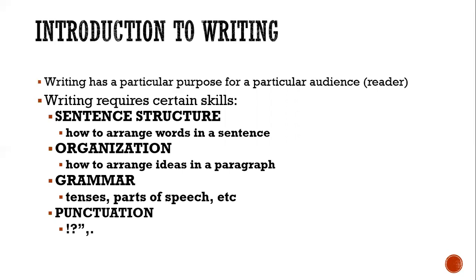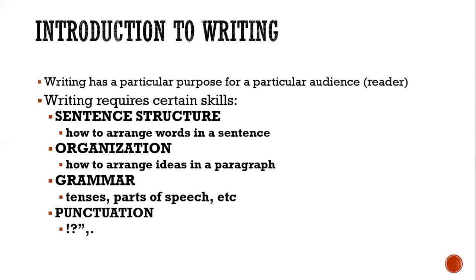The first is sentence structure, that means how to arrange words in a sentence. The second one is organization, which is how to arrange the ideas into a paragraph. And of course, you will have to know a little about grammar, such as tenses.